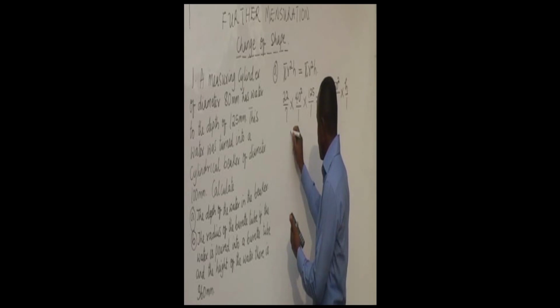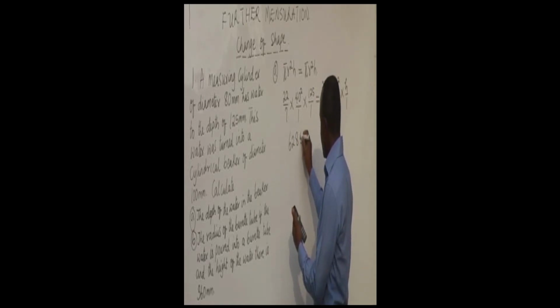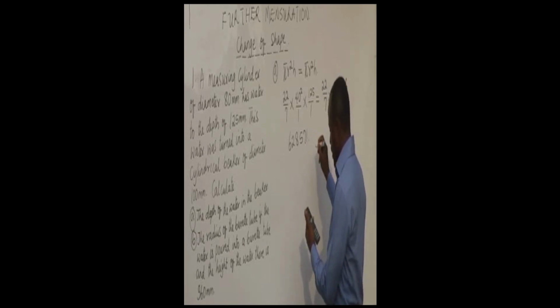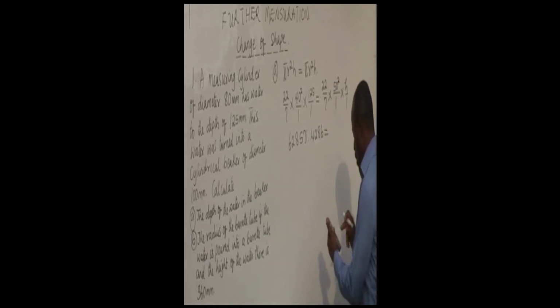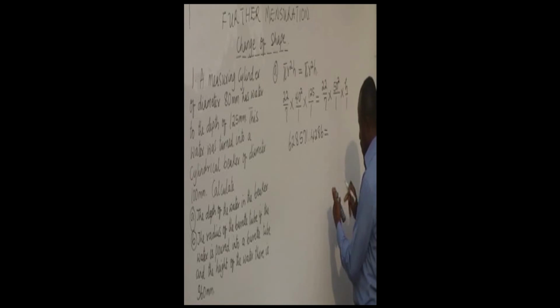So we have 628,571.4286. It's now equal to, let's multiply out this side, 50 times 50 times 22, is equal to, we have then divided by 7.